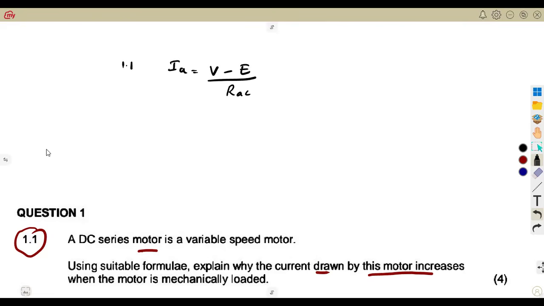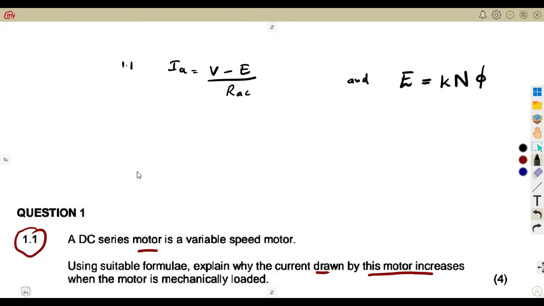Whatever you're going to have in the calculations, the E is to be calculated.